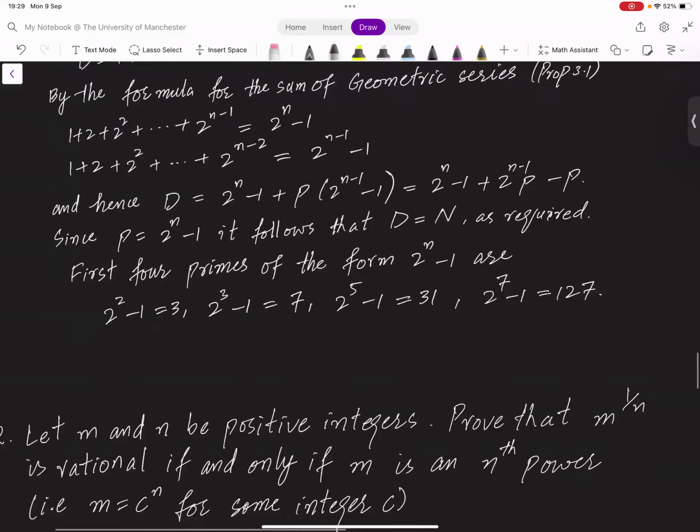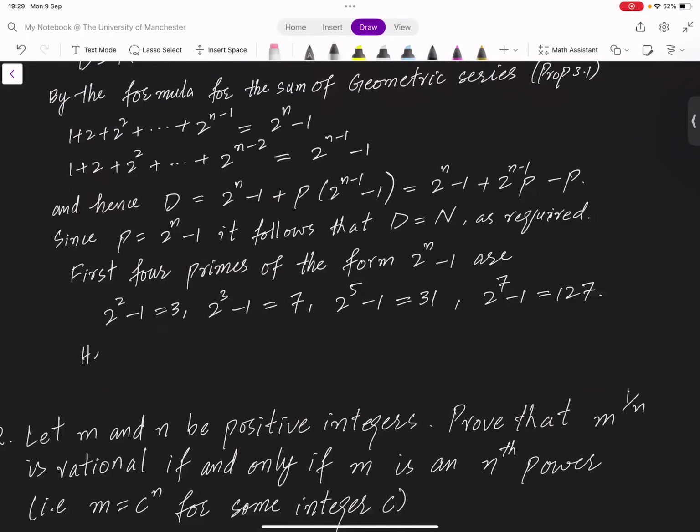Hence, now these are the primes of the form, but these are not the perfect numbers. So the following are the perfect numbers.